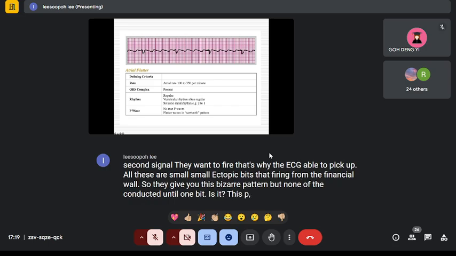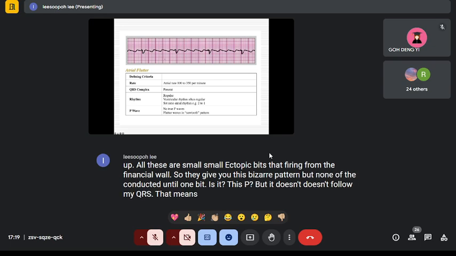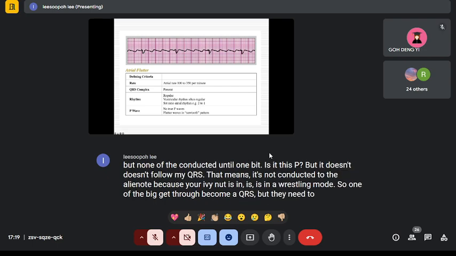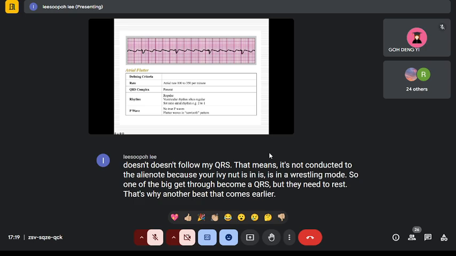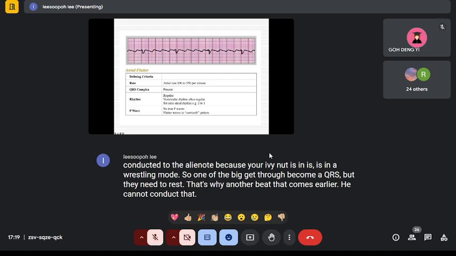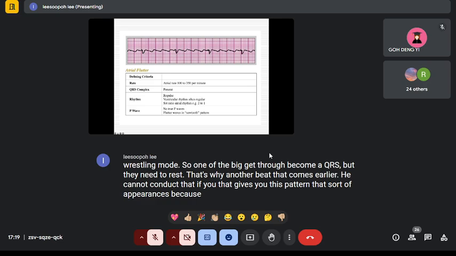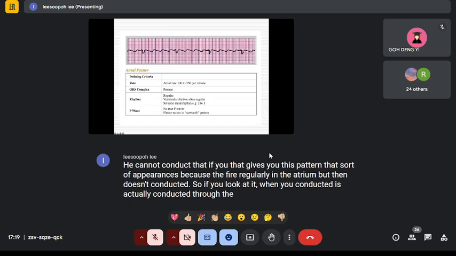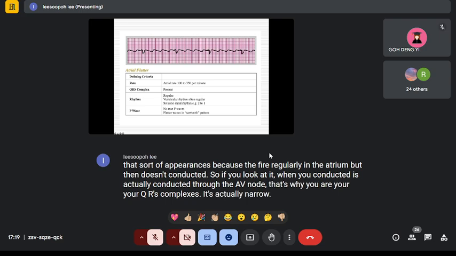You see, this is P, but it isn't followed by a QRS. That means it's not conducted to the AV node because your AV node is in a resting mode. One of the beats gets through and becomes a QRS, but then it needs to rest. That's why another beat that comes earlier cannot conduct. That gives you the sawtooth appearance, because they fire regularly in the atrium but don't conduct. When it does conduct, it goes through the AV node, so your QRS complex is narrow.